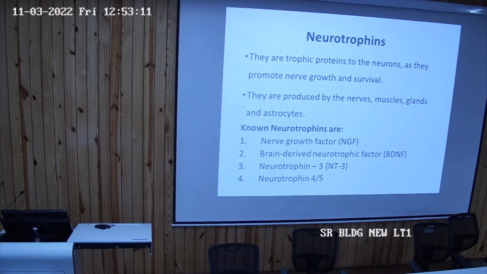These are the trophic proteins which are helping in the promotion and the survival of nerves, neurons. So we just have to name the different neurotrophins. That is the nerve growth factor, NGF, then brain derived neurotrophic factors, then neurotrophin 3, then 4 and 5.